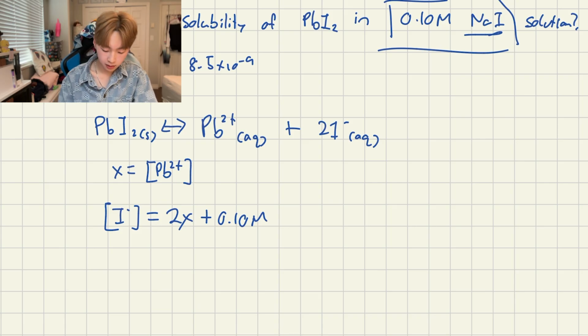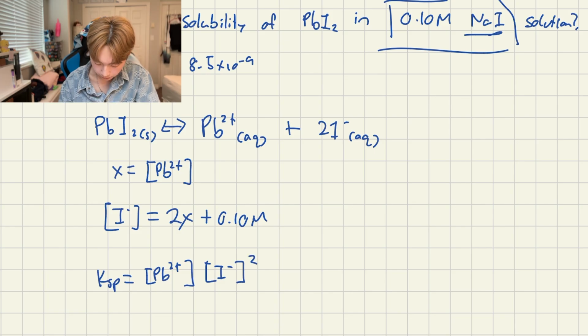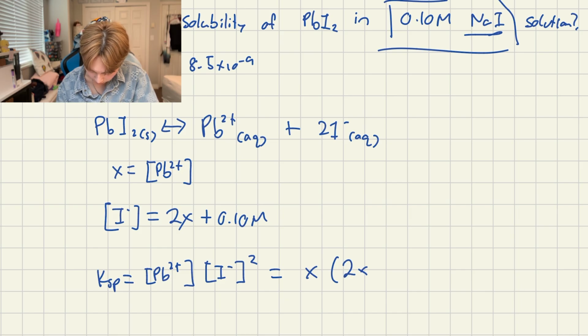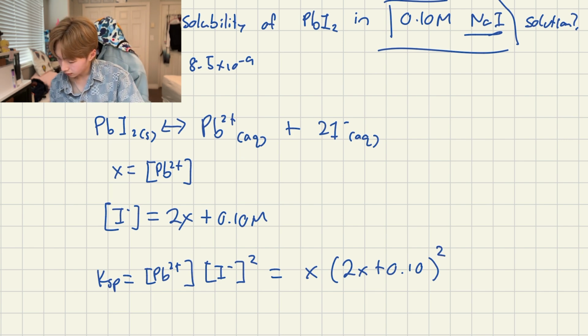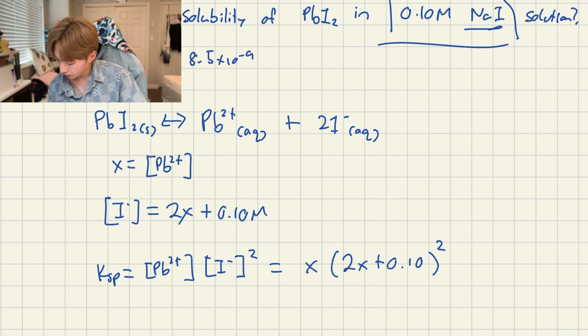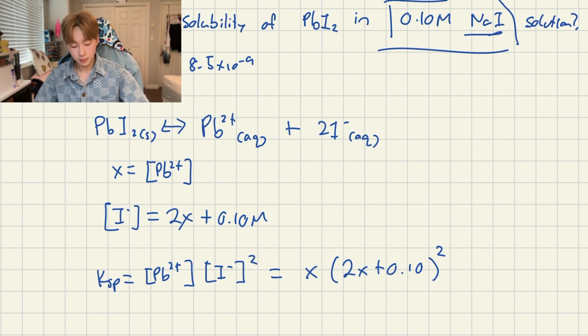Now we can write our KSP expression, which is equal to concentration of Pb2+ times our I- squared, which is equal to x times (2x + 0.10) squared. And now we can see that the math gets really bad.